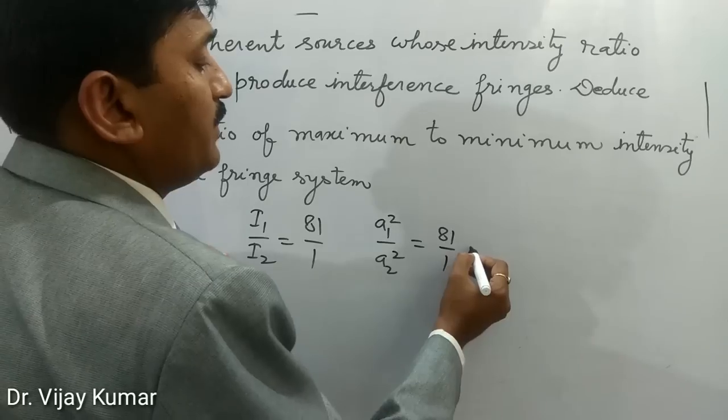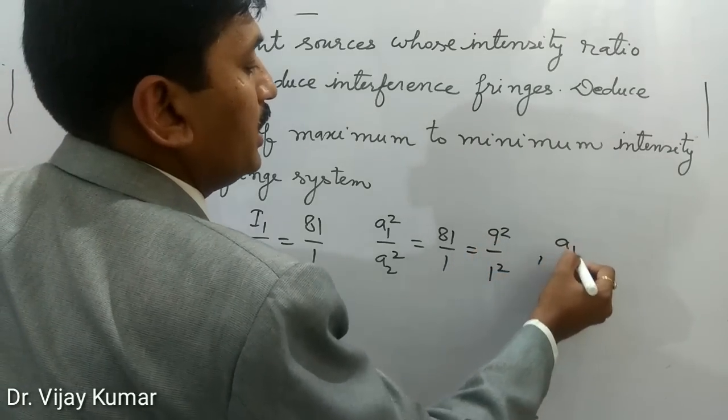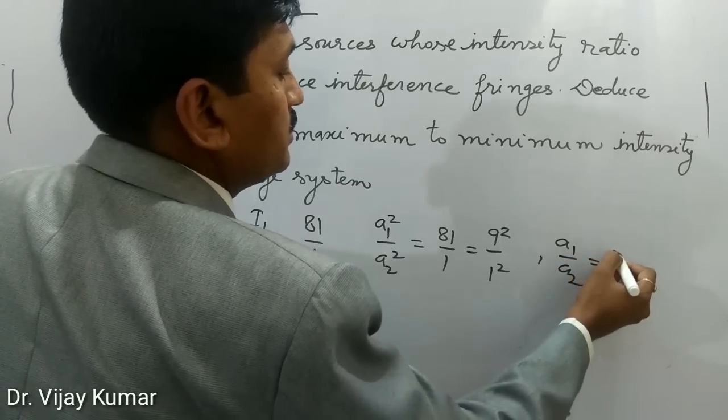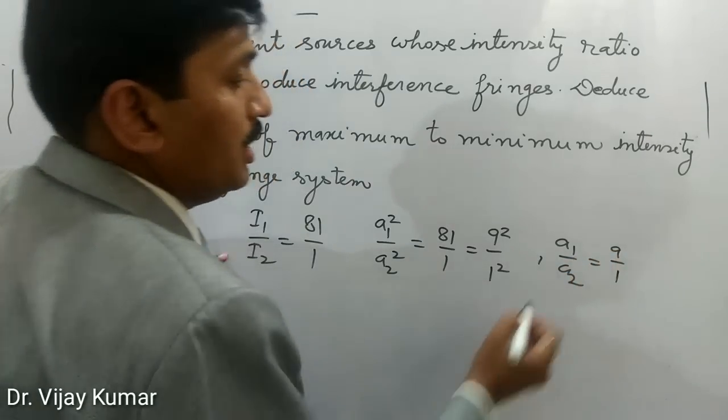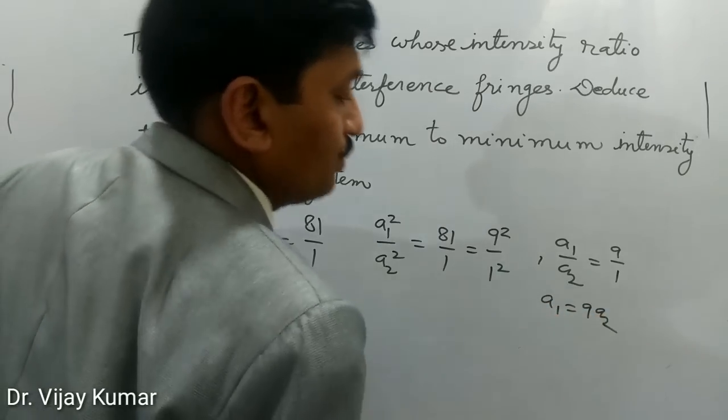We can say that 81 is 9 square and 1 is 1 square, so a1 upon a2 becomes 9 upon 1, and a1 equals 9a2.